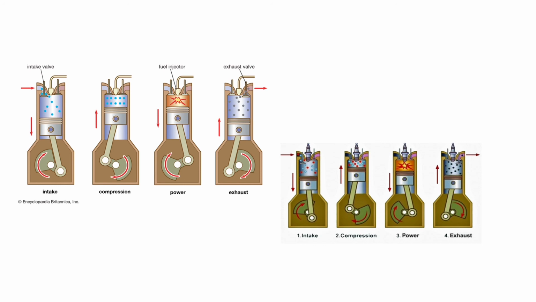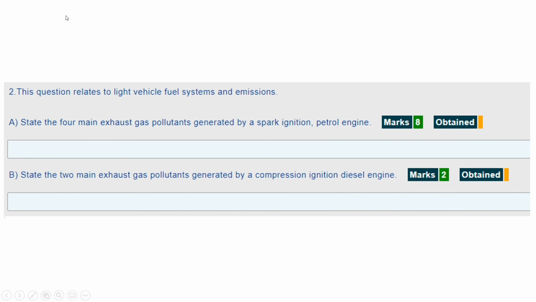They're so few that we can virtually ignore them. So just to summarize here, the four main gases that come from a petrol engine, all right, pollutants that is, are hydrocarbon, carbon monoxide, carbon dioxide, and oxides of nitrogen.